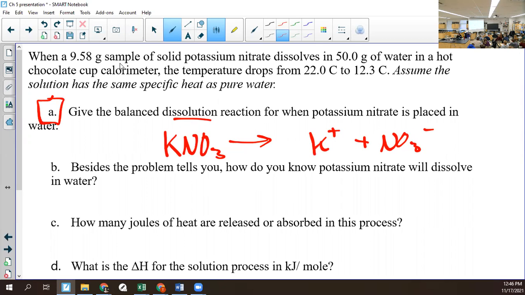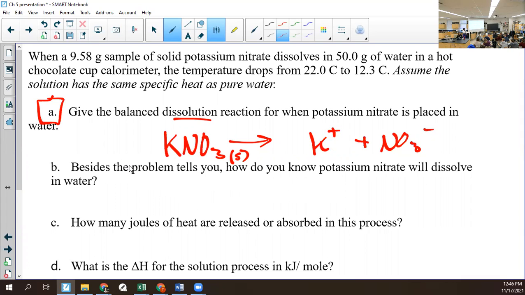I can sprinkle salt in water and stir it up and the salt dissociates, right? Okay, yes. But you write KNO3 solid goes to KNO3 aqueous? Yeah. They wouldn't love it, but you could get away with that. Yep.